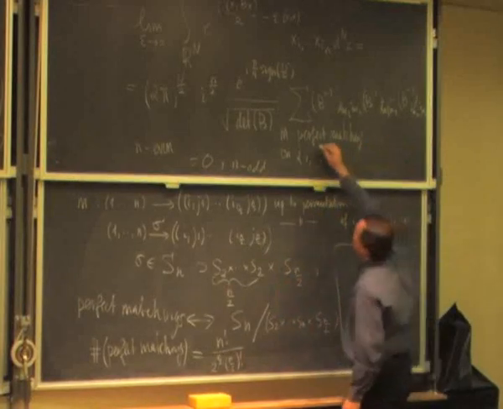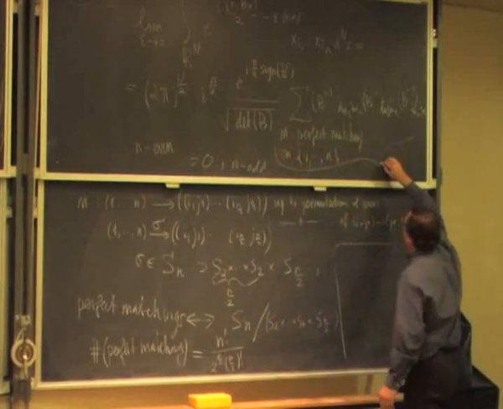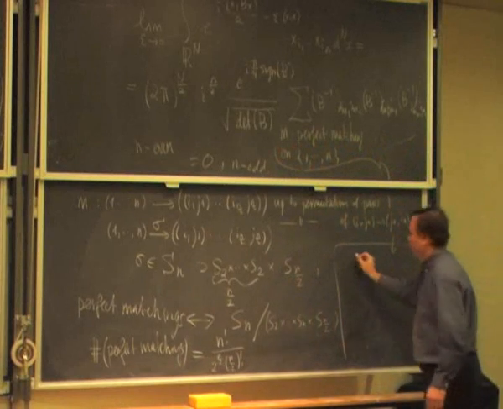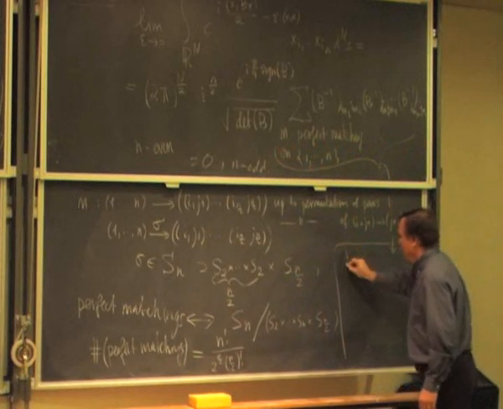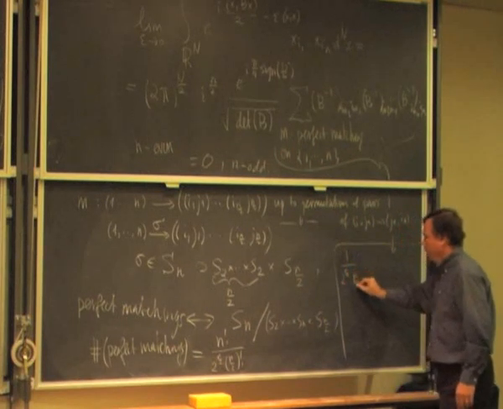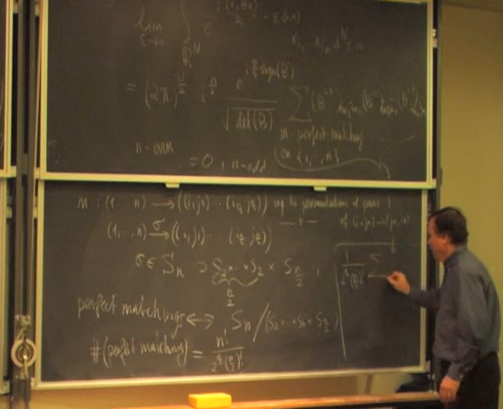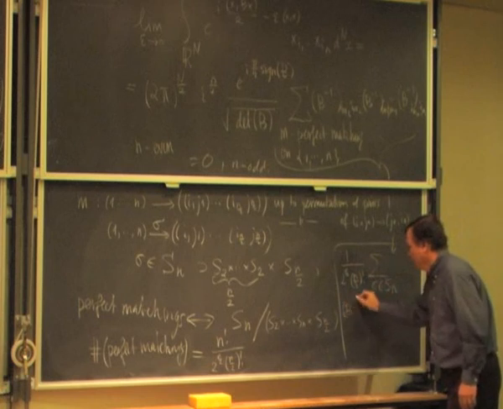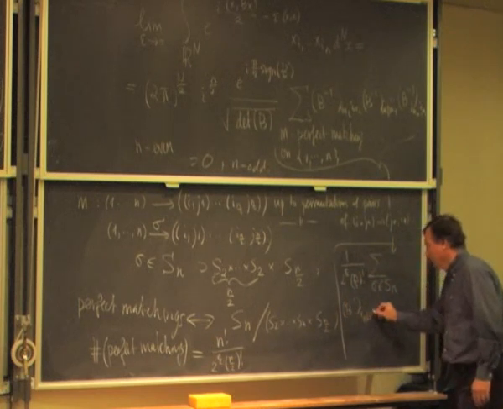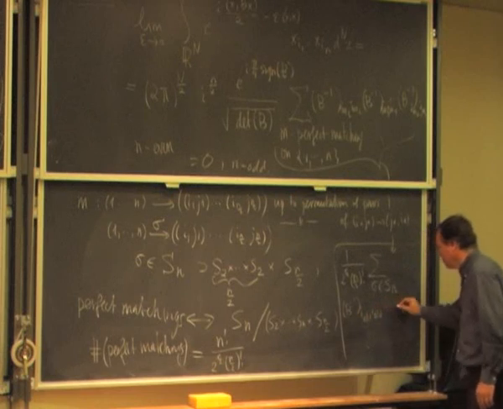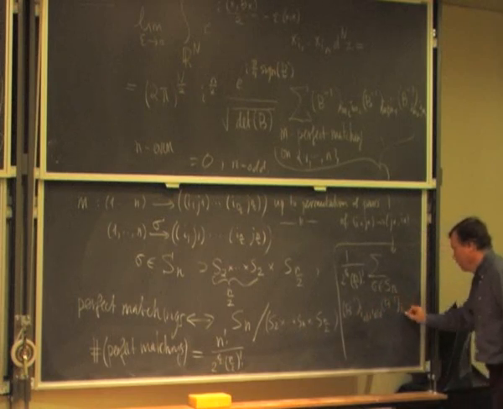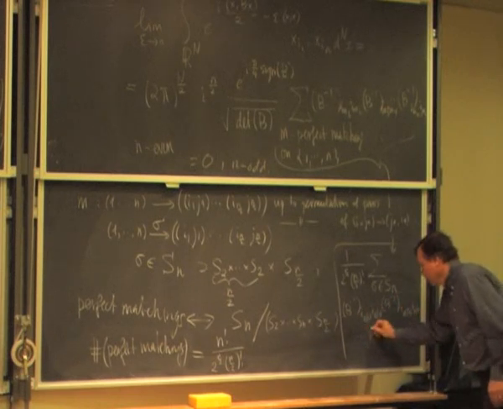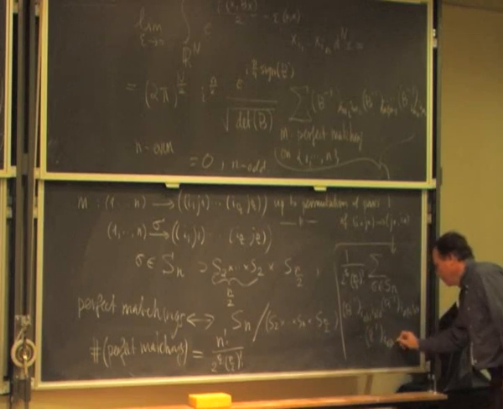You can write this summation as 1 over 2 to the n over 2, n over 2 factorial, and then the sum over sigma in S_n of B inverse i_sigma(1) i_sigma(2), B inverse i_sigma(3) i_sigma(4), up to B inverse i_sigma(n-1) i_sigma(n).